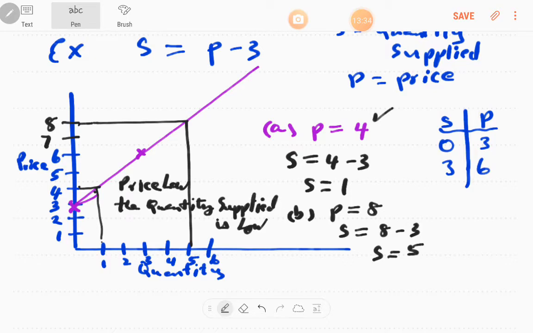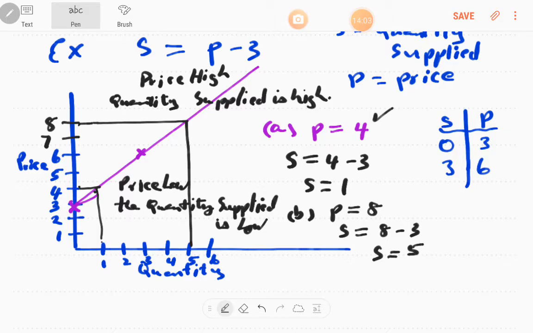So the quantity supplied is low when the price is low. But now when the price is higher, when the price is at 8, so when the price is high, the quantity supplied is high.